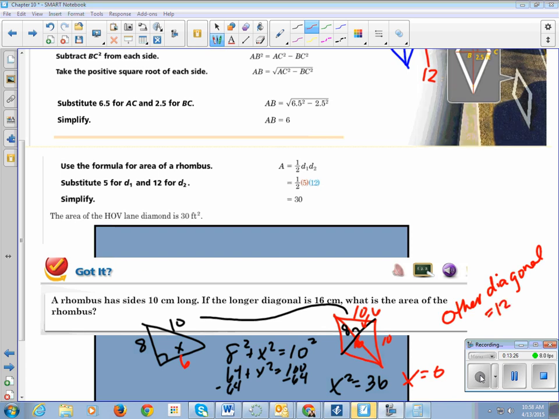So now we go, the area is 1/2 times 10 times 12. Half of 120 is 60. So just to reiterate, we found this was 16, this is 6, and this is 6, so this diagonal is 12.